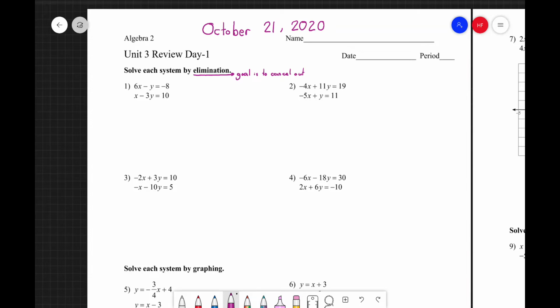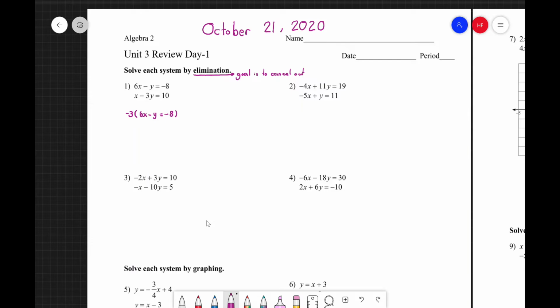So I see that I can get the bottom x to be just like the top one if I multiply by a negative 6, or I can get the top y to look just like the bottom y if I multiply by a negative 3. Since negative 3 is a smaller number, that is what I'm going to use. So I'm going to take that first equation and multiply the whole thing by negative 3.